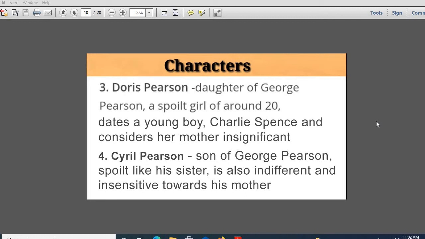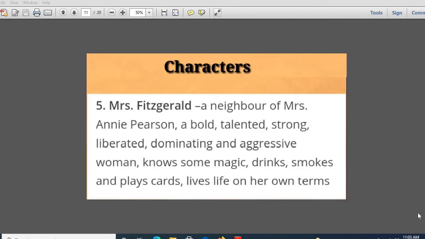As I told you, their gender might be different, but their attitude towards their mother is the same. Just like his sister, Cyril is also indifferent and insensitive towards his mother. Mother means I'm talking about Mrs. Annie Pearson. Now I'm moving on to the next one.